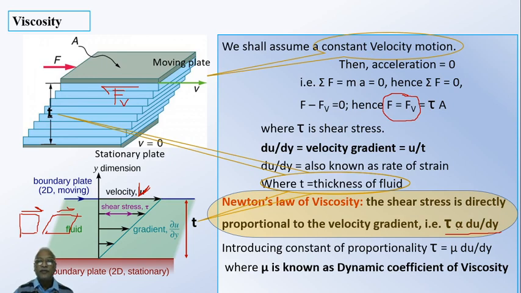Now if I want to put it as an equation rather than a proportionality, introducing a constant of proportionality, tau will be written as mu into du by dy, where mu is a proportionality constant, known as the dynamic coefficient of viscosity, or just the coefficient of viscosity, mu. Okay, the next slide.